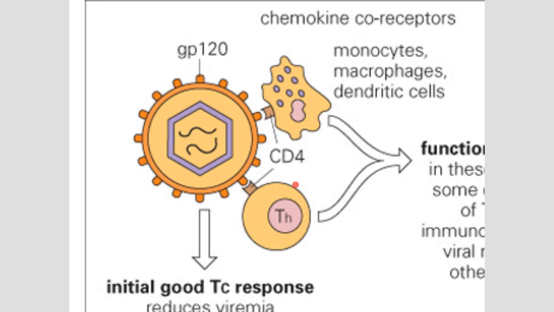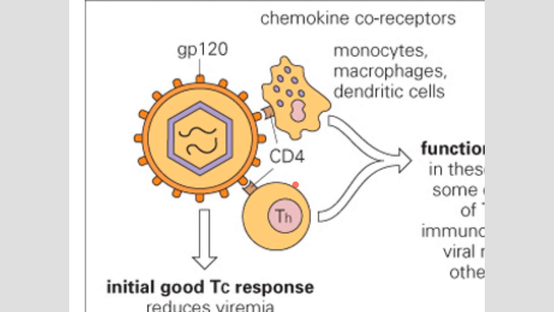CD4 receptor is present on quite a few cells. One of the cells that has it is CD4 T cell. CD4 T cell itself has a CD4 receptor. Okay. And what are the, it says over here actually, the answer is here. Monocytes have CD4s.